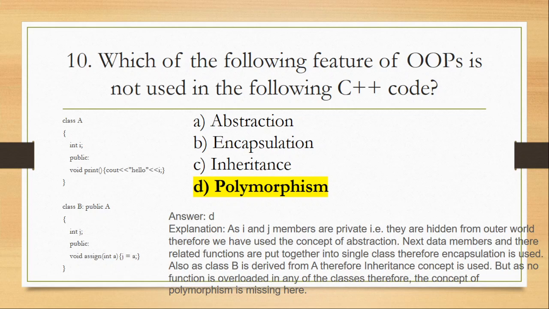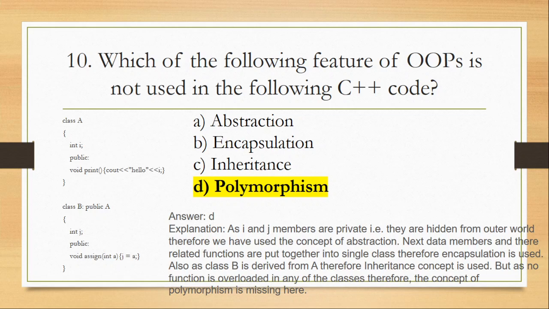In the code, class A, class B. As I and J, the members are private, they are hidden from the outer world, therefore we have used the concept of abstraction. Next, data members and their related functions are put together into a single class, therefore encapsulation is used.